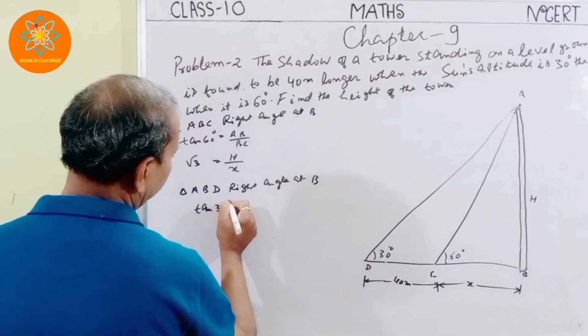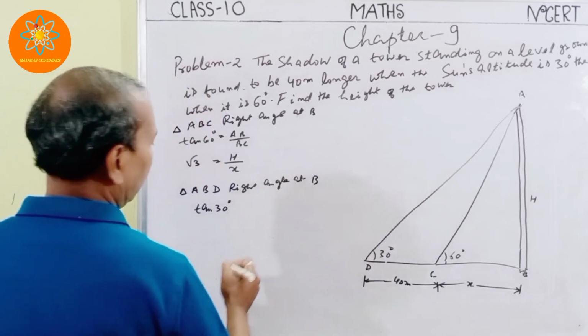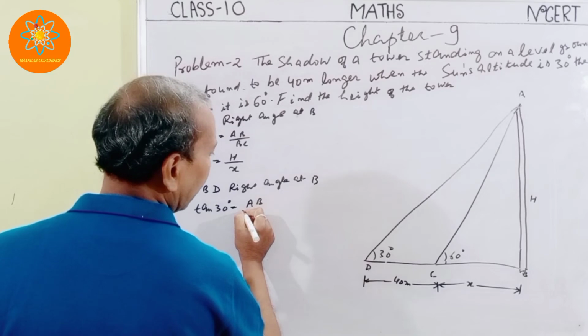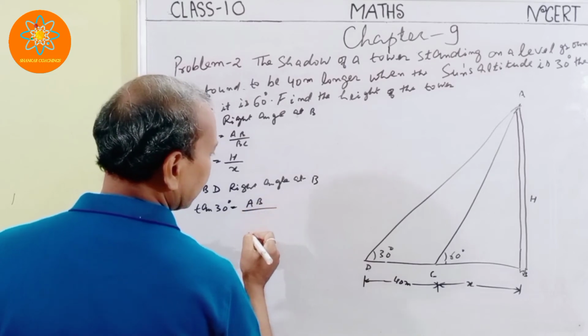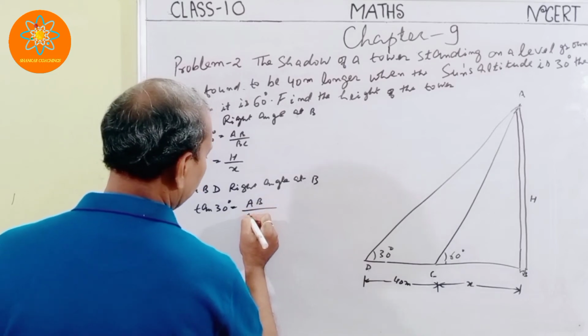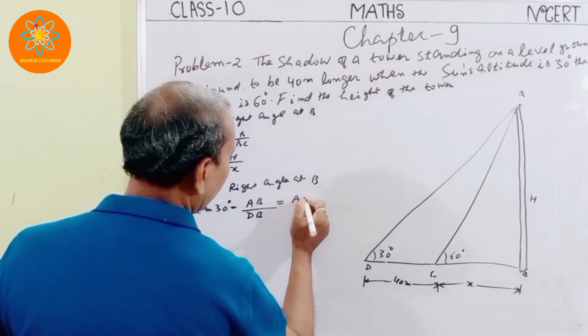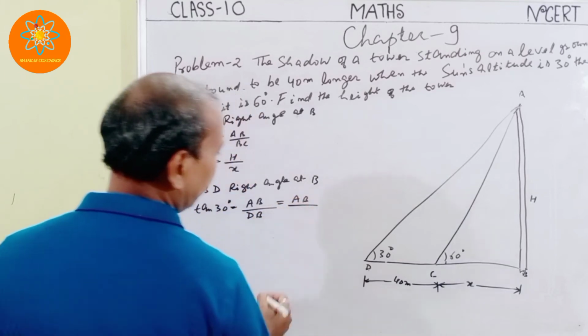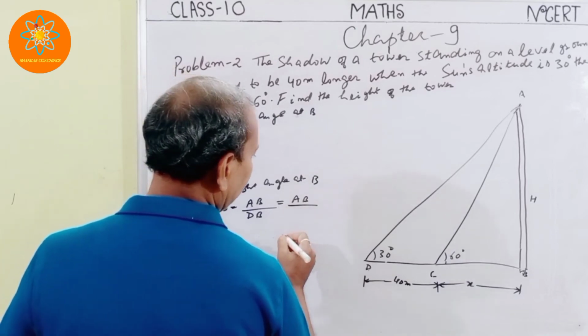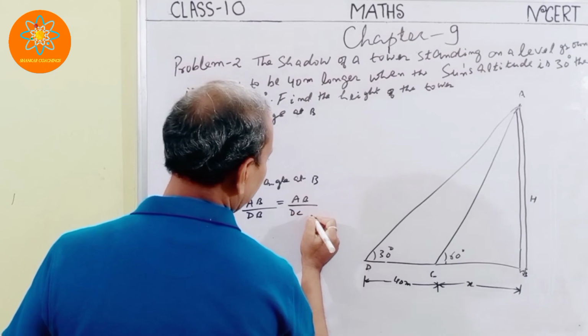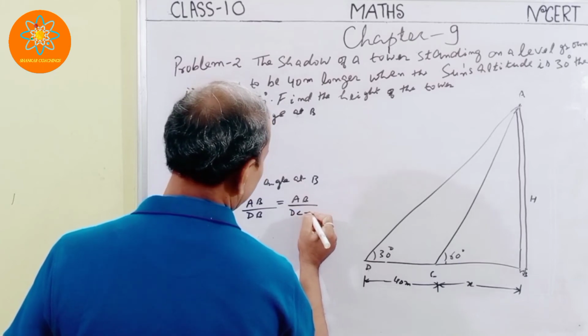The value of tan 30 degree is equal to AB divided by DB, that is AB divided by DC plus BC.